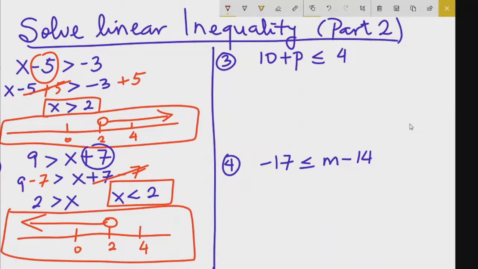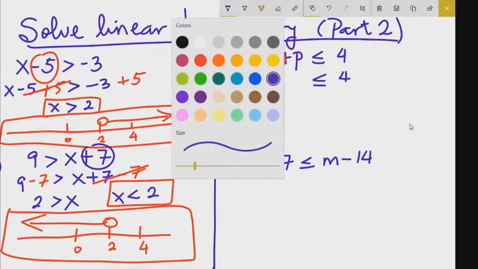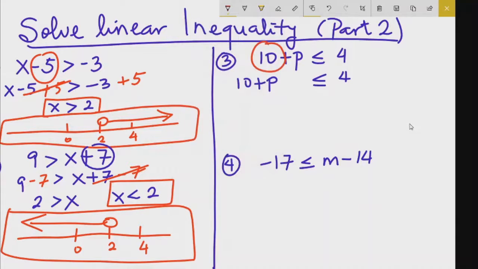For question number 3, we have 10 plus p less than or equals to 4. We want to subtract 10 from both sides to get rid of this positive 10. So we have 10 plus p, and now we want to subtract 10 from both sides.